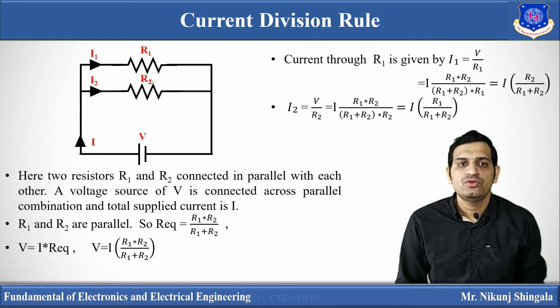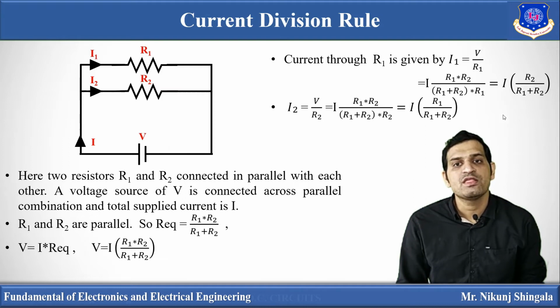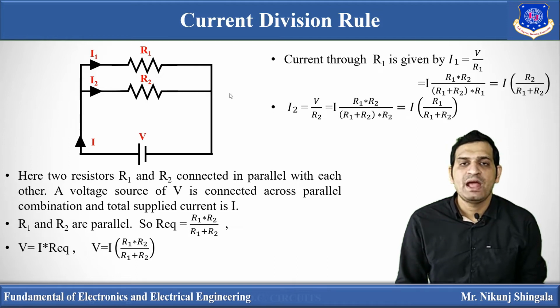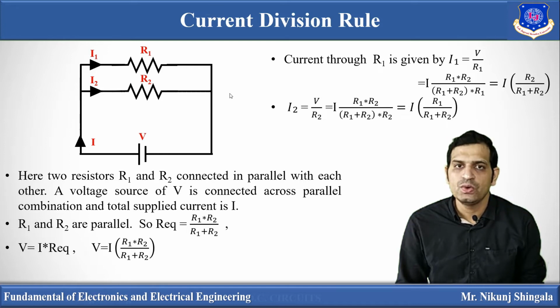Similarly, current through R2 is I2, so I2 is equal to total current I into the opposite resistance R1 divided by the sum of resistances, that is R1 plus R2. So this is a trick to find the branch current using the current division rule.